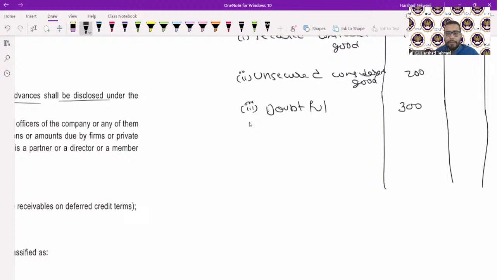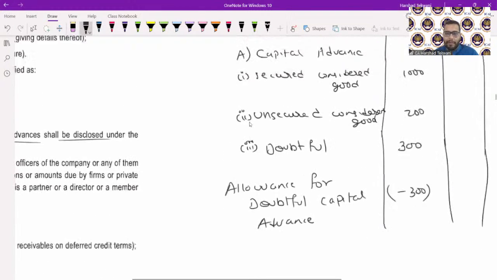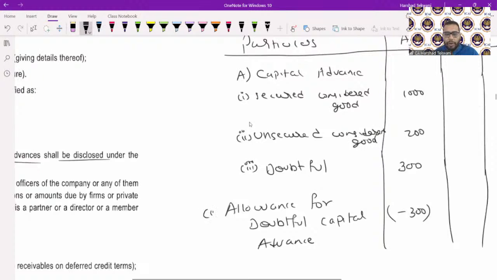So what I'll do is show the allowance for doubtful capital advance, let's say 300. And the net amount will be disclosed as my capital advance. So this is how you need to disclose.